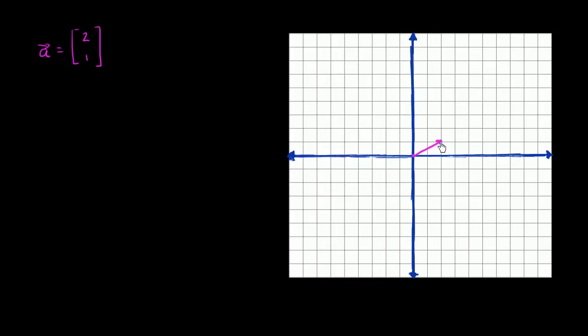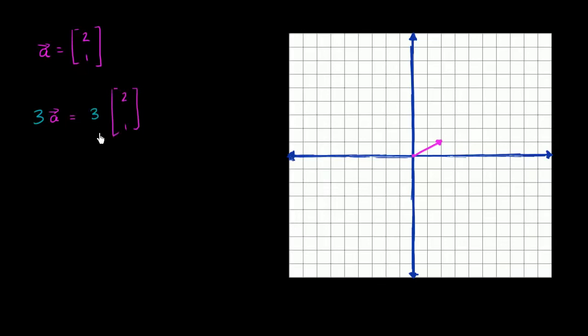Now what I want to do is think about how we can define multiplying this vector by a scalar. So for example, if I were to say 3 times the vector A, which is the same thing as saying 3 times 2, 1.